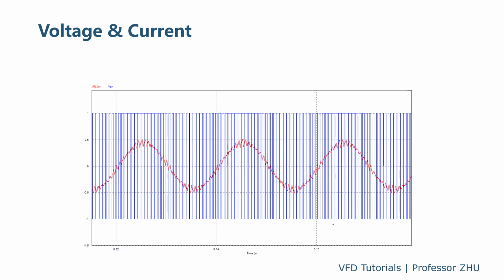And this is the output voltage and current of the two-level inverter. This is the PWM voltage, and the current is very close to sinusoidal. Here are 2 issues. One is the carrier wave frequency. The carrier wave frequency for a low voltage drive is typically kilohertz, for example, 2 kilohertz to 10 kilohertz.